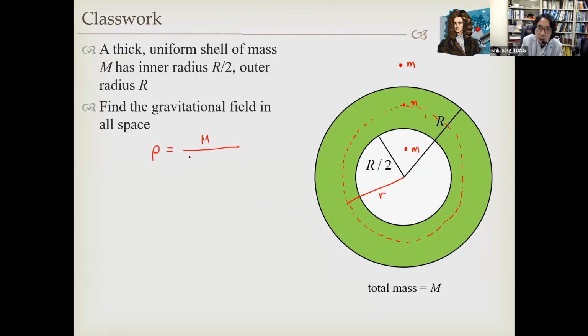The large sphere has a volume of 4/3 pi R cubed, while the cavity has a volume of 4/3 pi (R/2) cubed, right? So the large spherical volume minus the volume of the cavity will give you the volume to divide by, and so the density.